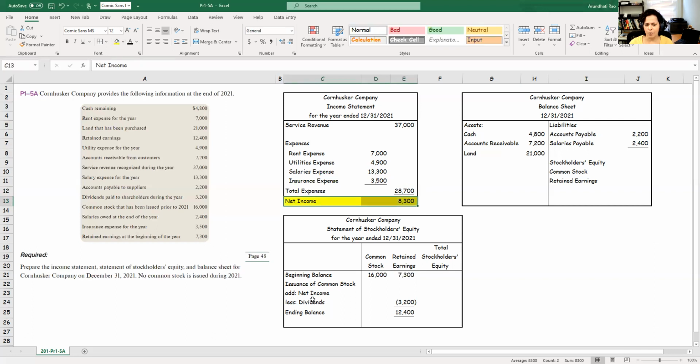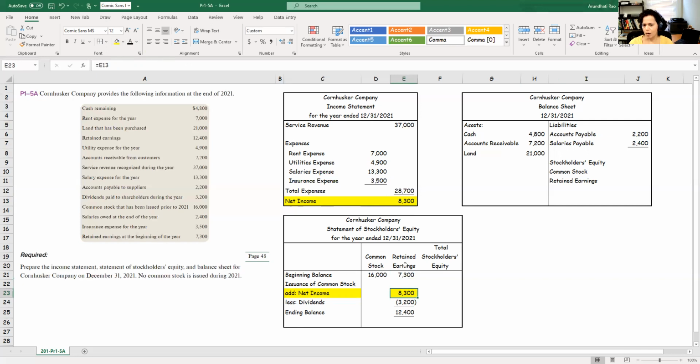This net income number needs to come in over here. So these statements are connected. Now, the net income, these are the earnings of the business. They belong to the stockholders, which is why it comes into the statement of stockholders' equity. So I bring that number down over here. So the number from here comes into this statement over here.